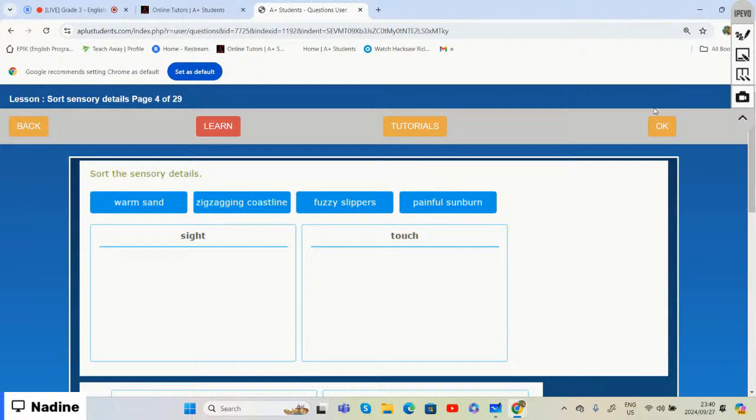Then we have zigzagging coastline. We have fuzzy slippers.